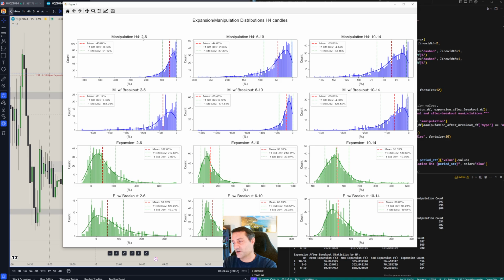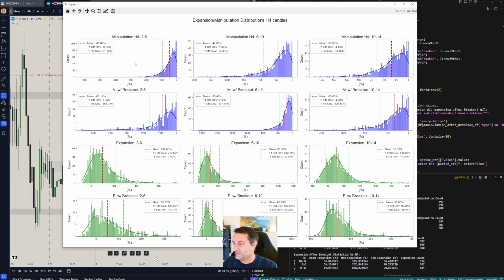These charts show the distribution: how much a candle will retrace before expanding and going for the highest point of the candle in some conditions. As you can see, the 2 to 6 H4 candle, on average, will retrace almost half of the whole length of the previous candle before expanding.